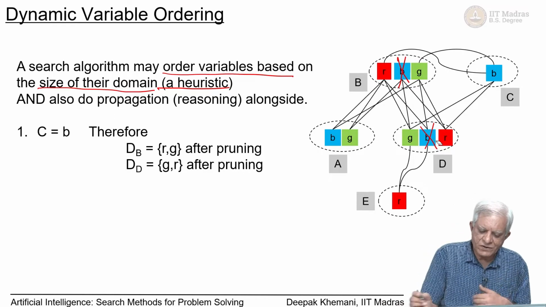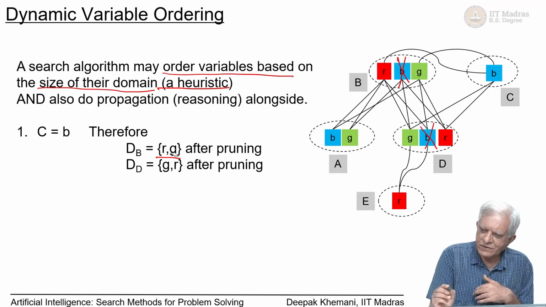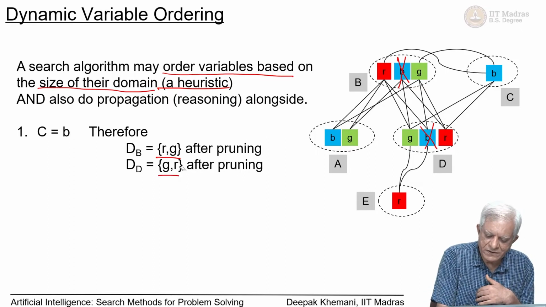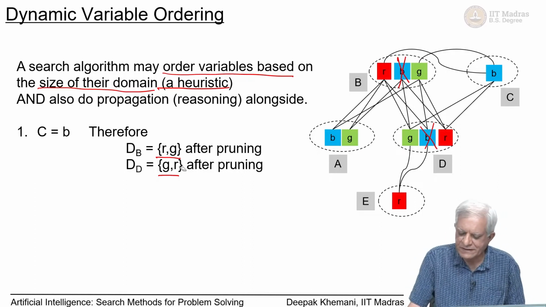So, you can see that the domain of B has now shrunk to R and G, which are the two remaining colors, and the domain of D has also shrunk to R and G, but we have written it in the order G and R.